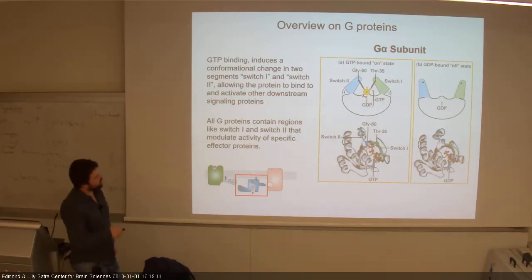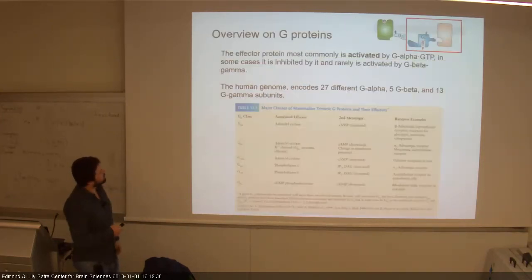When the G protein is in this state, it can fit into different clefts and regions in activator proteins and render them active. And after the GTP is hydrolyzed, then the GDP remains, and in this state it is in an off state. So it's really like a physical spring mechanism.